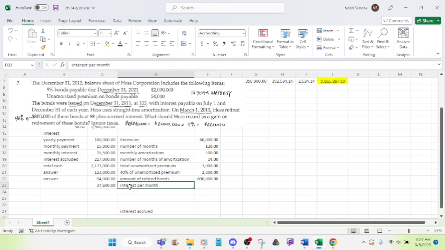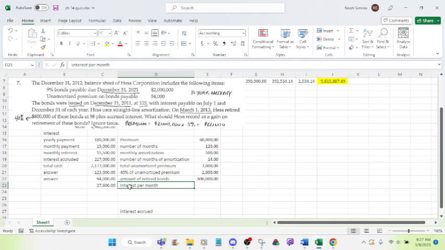So there's the semi-annual payments. There's the amount of premium that is amortized. So do you subtract or add them together? That is the question to get the interest expense for straight line.